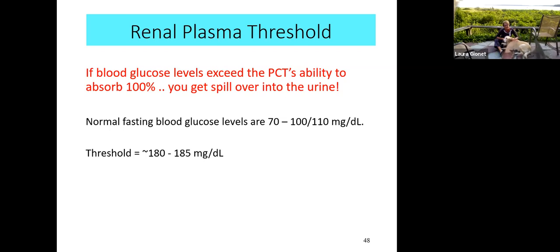Knowing that, now you understand why testing urine can be a very quick screen for diabetes. Things that are in excess, that are not being absorbed properly along the tubular system of a nephron, if they exceed certain levels or capabilities of parts of those nephrons, spill over into the urine.